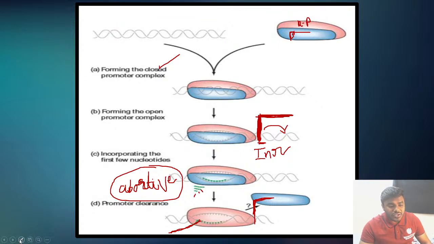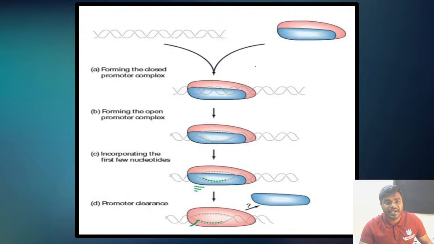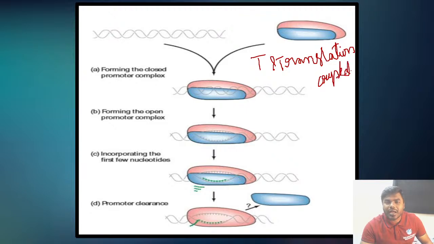I want every student to remember one more important statement from whatever we studied. What is that particular statement, my friends? I hope every one of you remembered. In the case of a prokaryotic organism, I said very clearly, transcription and translation are highly coupled in nature.